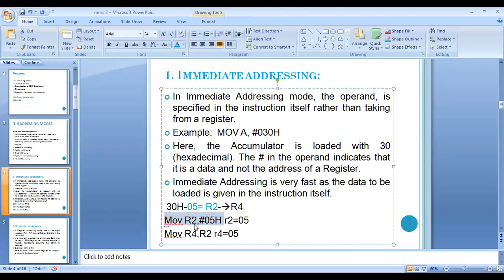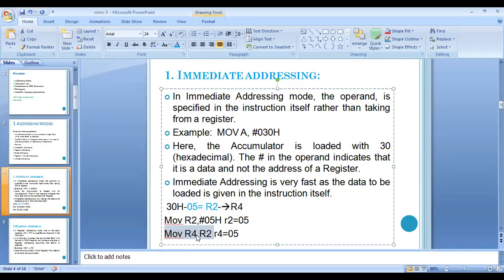But in the register mode, I cannot mention the same value. First of all, I have to store that value into one of the registers, for example the R2 register, and in the register addressing mode I have to mention the name of that register where my data is stored. Now my data is 05, it is in R2.